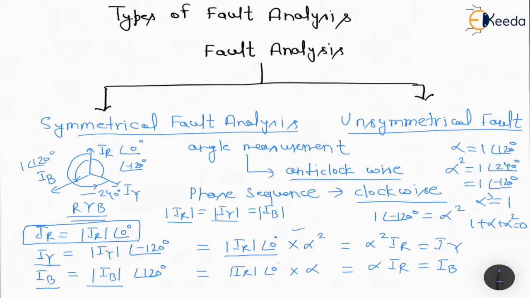So what is the definition of balanced condition? If you are dealing with the balanced condition, it means you can calculate on a single phase basis, and by multiplying alpha square and alpha, you can easily get the value of IY and IB, or you can say in voltage. So this is the advantage of the symmetrical condition.